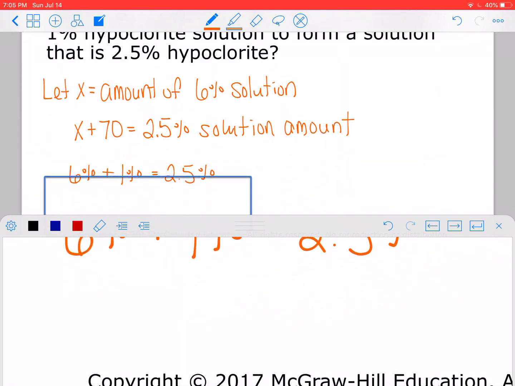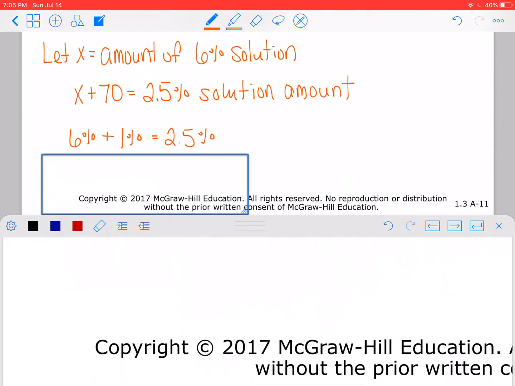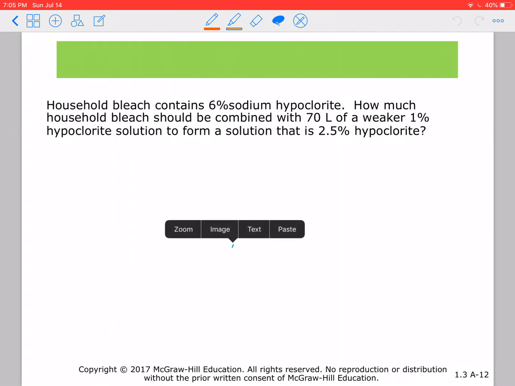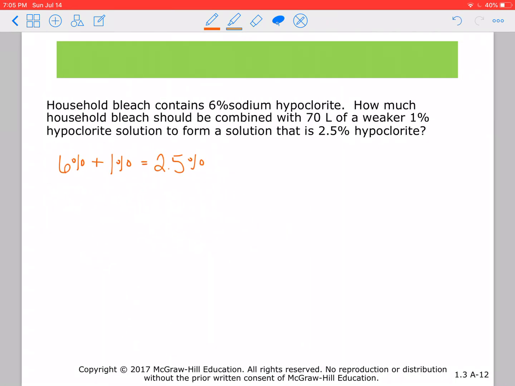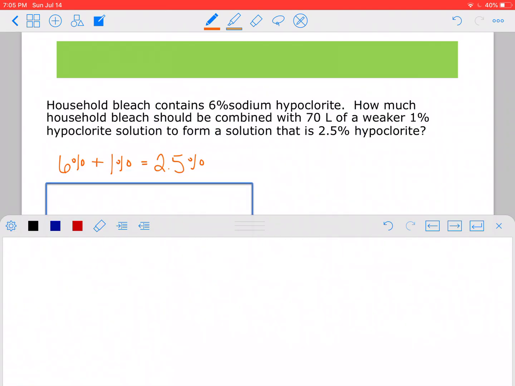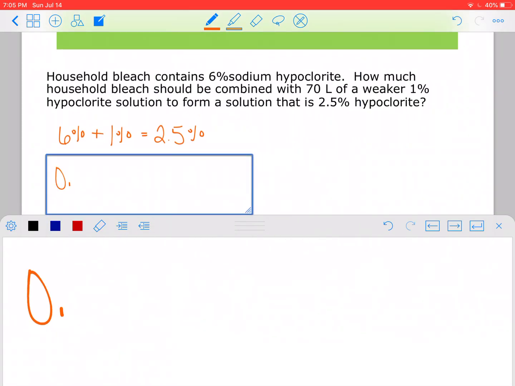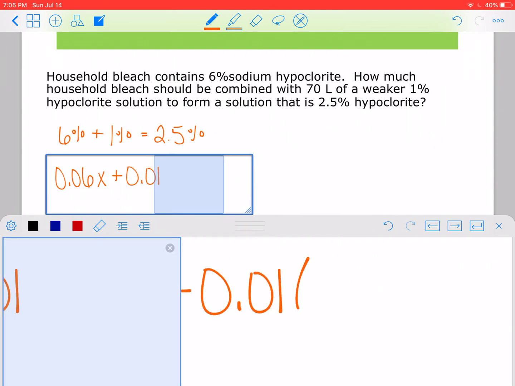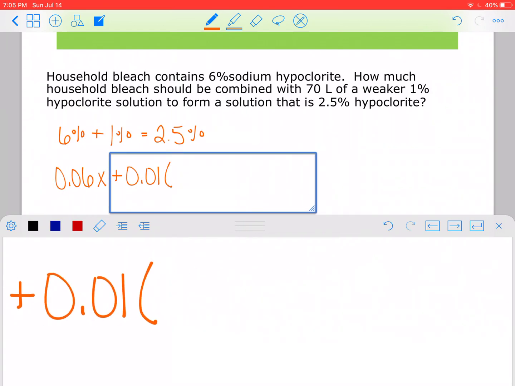And so what we need to do is multiply the percentage times the amount in our little equation here. So the percentage, 0.06, times the amount for the 6%, that was X. Then we have our 1% times the amount of the 1% solution.